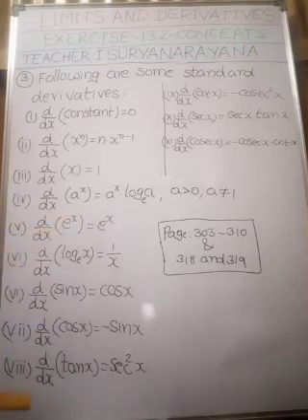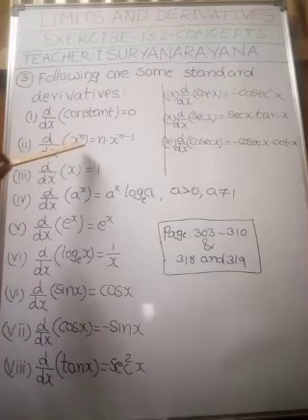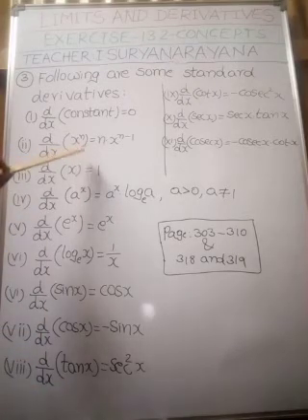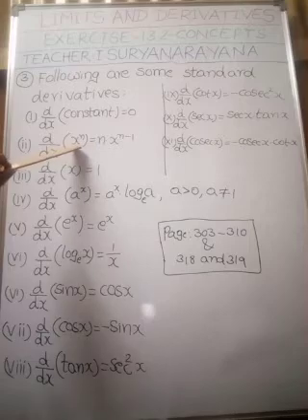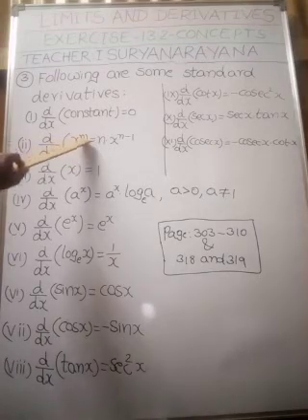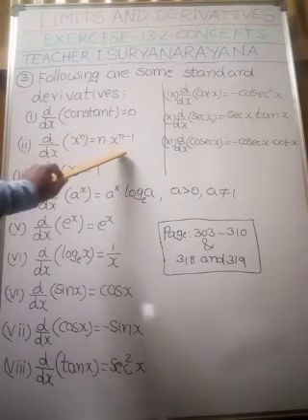But we have to use a suitable formula to find the derivative of the given function. I will repeat. We use this formula when the base is a function in x and the exponent is a constant. In that case, we use this formula.